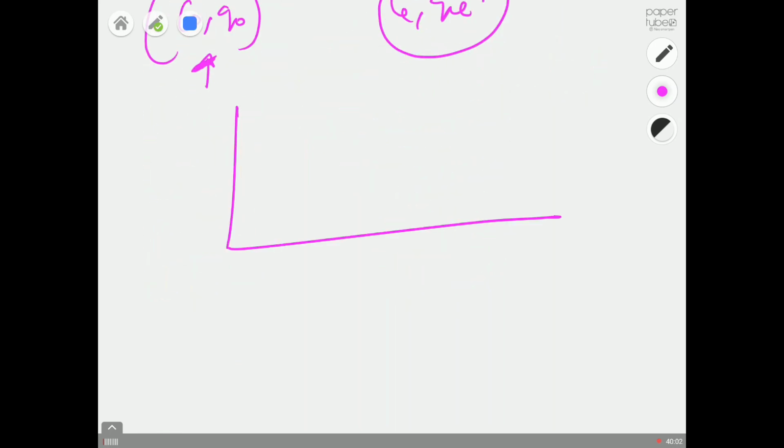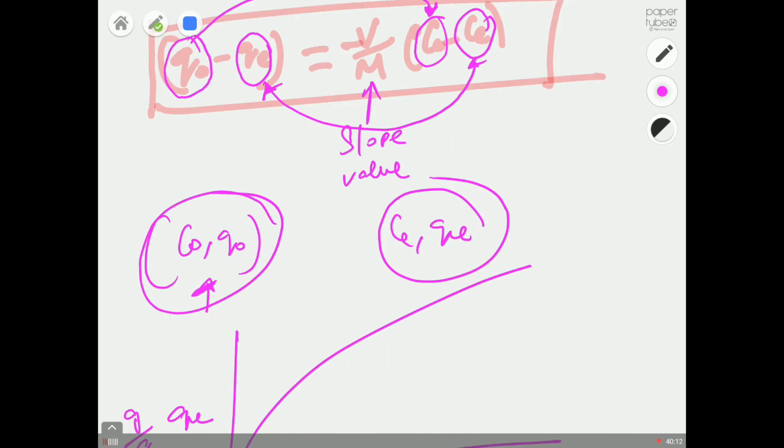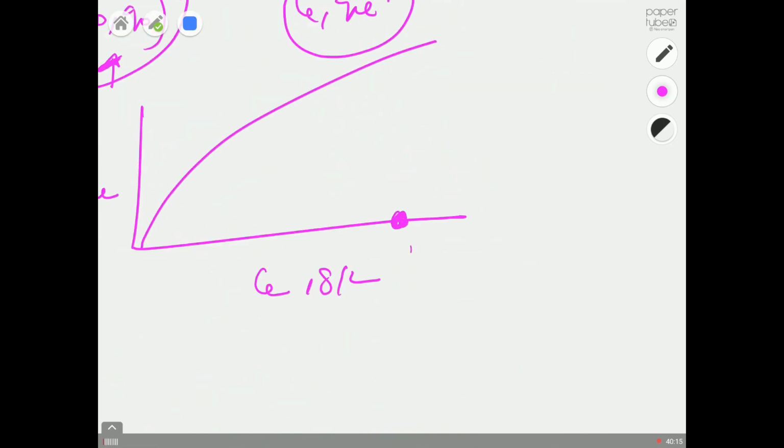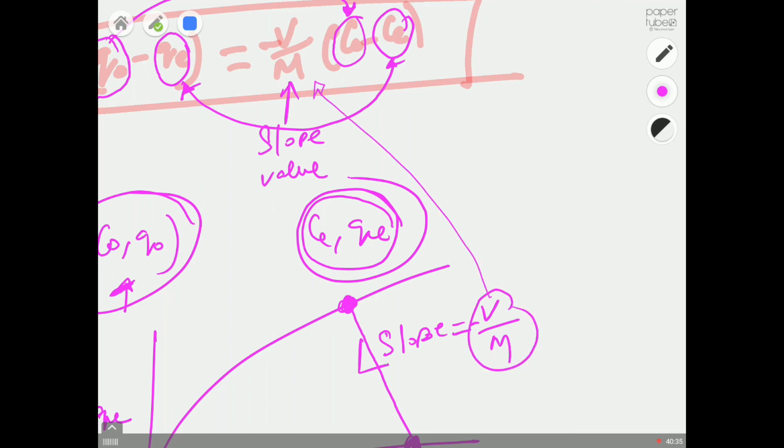So you have an equilibrium curve, CE versus QE. CE is expressed in grams per liter, QE is expressed in grams per gram. So let's say we identified C0 comma Q0, somewhere here, and then let's identify CE comma QE, which is here. And if you connect these two points, that slope will be equal to minus V by M, which is in this equation here. So that's the meaning of that expression.